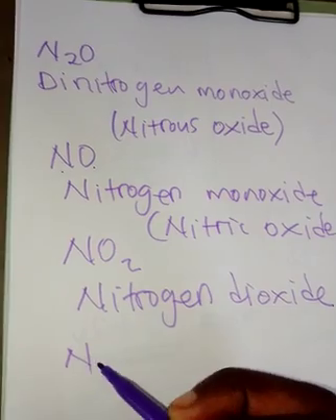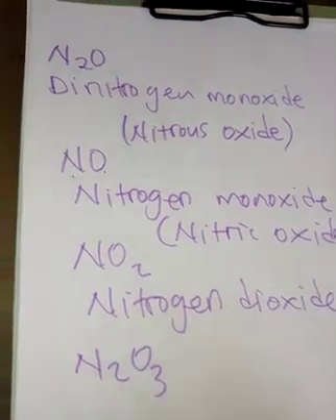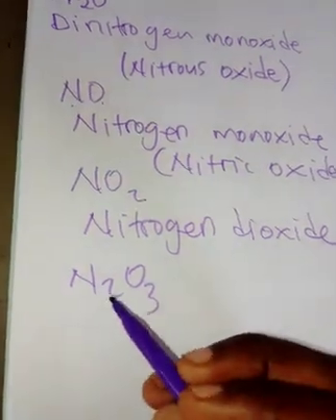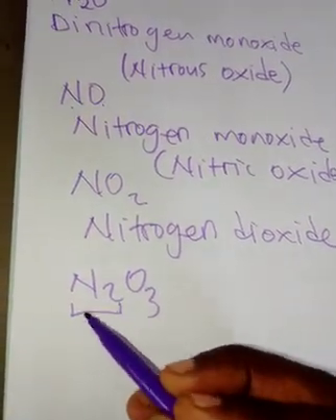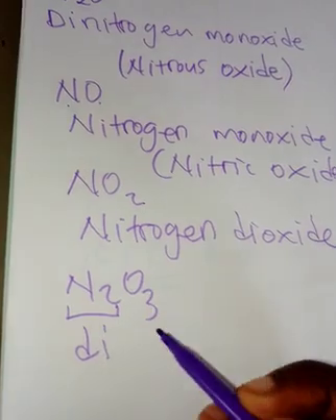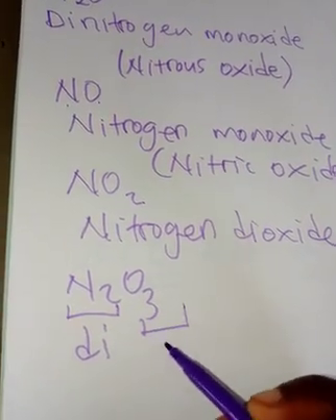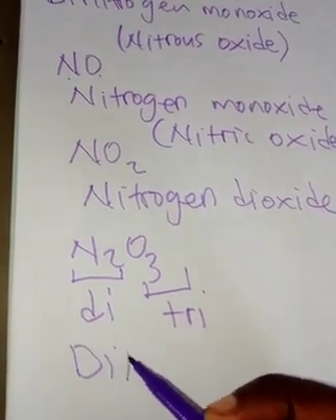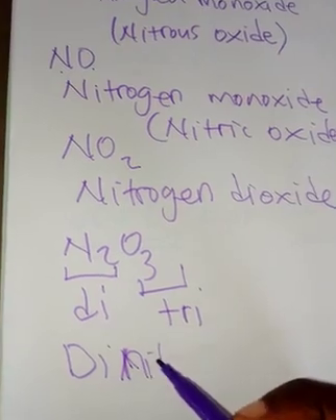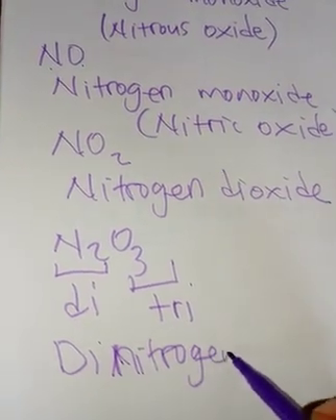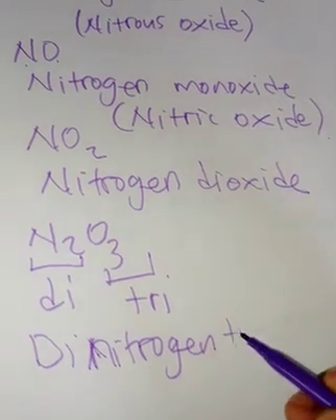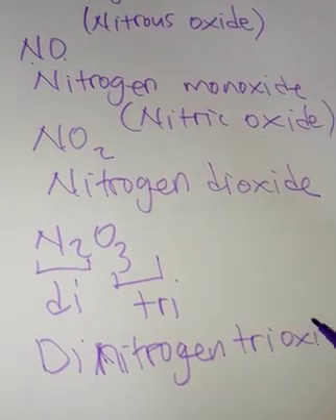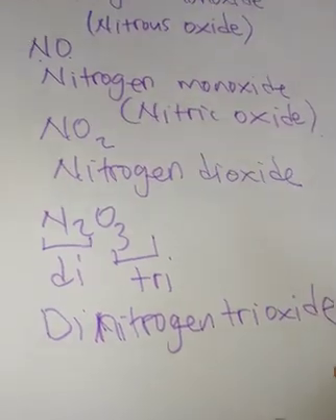Okay. Then what about if we have N2O3? What will be the name of this compound? So we have 2 atoms of nitrogen, we use di, then 3 atoms of oxygen, we use tri. So it will be dinitrogen trioxide.